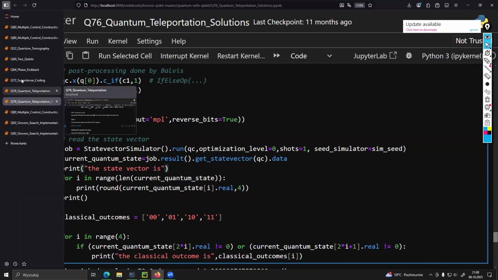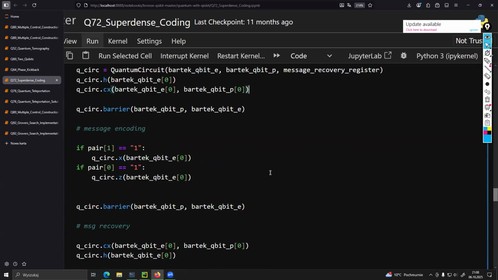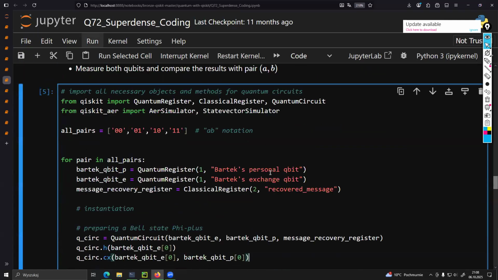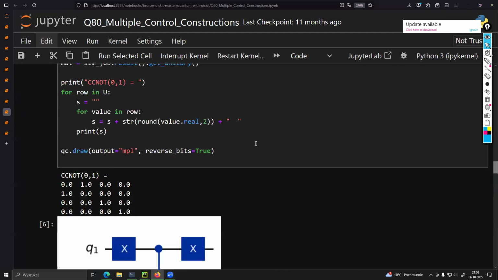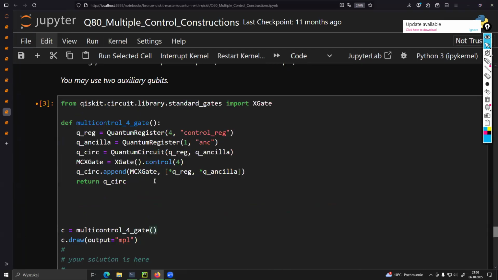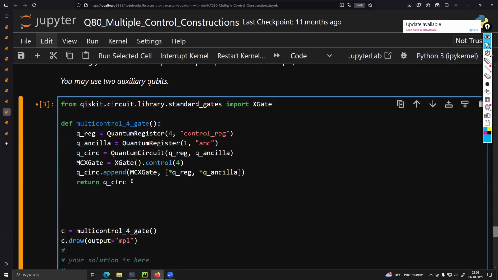And as the last thing, I have showed you the multiple control constructions, this extended way of preparing arbitrary controlled gates. This is something that isn't in QBronze.